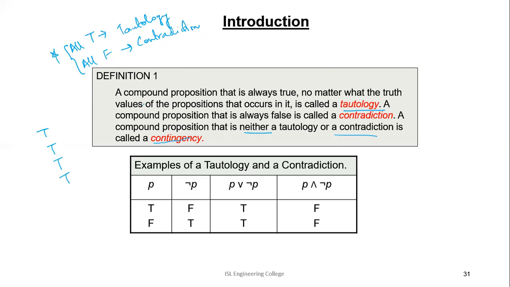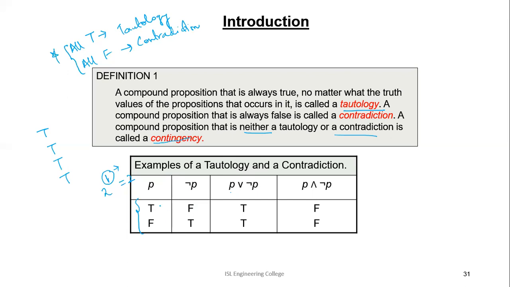Now for example, if we have p, since we have a single variable, we will have only 2 power 1, which is 2 rows. So we have 2 rows over here, and the two scenarios of p will be, it can either be true or false. Now negation p, we are taking as the not of p, so false and true. Now if we do p or negation p, when you are doing or, one of them should be true.